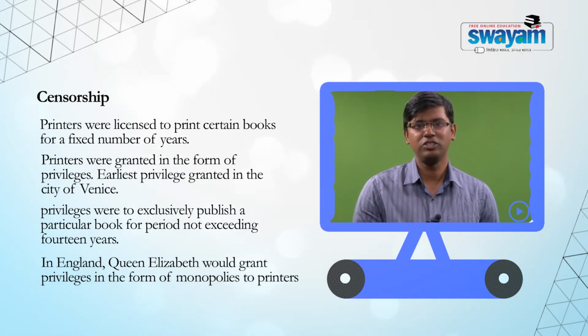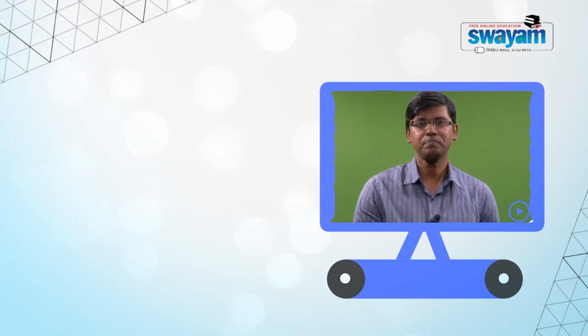So with censorship, there was a lot of resentment among the people who would come up with literary work, but because it was either critical of the royalty or critical of the church, it wouldn't get distributed, because largely the church and the royalty controlled publication of material by licensing printers.